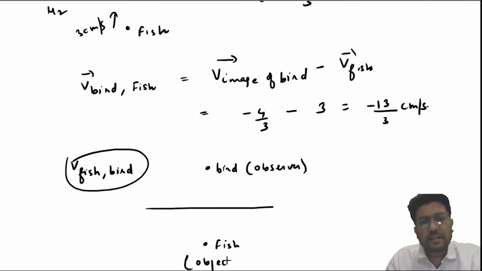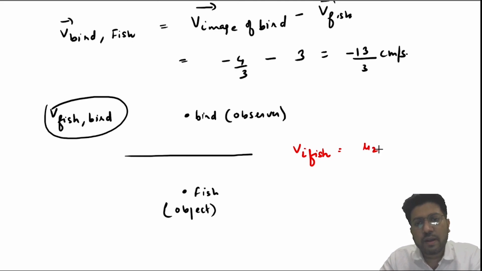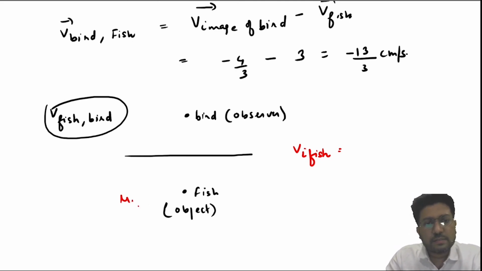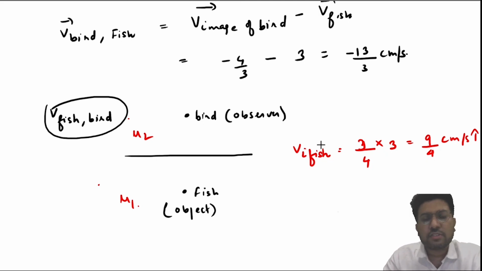So this time we will write velocity of image of fish, because fish is the object, is equal to mu2 by mu1. Now because this is the object, this is mu1, this is mu2, because light is traveling from here to here. Now mu1 is 4 by 3 and mu2 is 1. So mu2 by mu1 is 3 by 4, into velocity of object, 3 centimeter per second upwards. So you will get 9 by 4 centimeter per second upwards. This is the velocity of the image of fish.